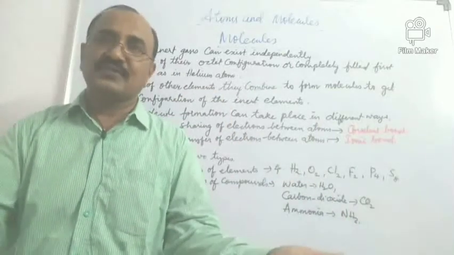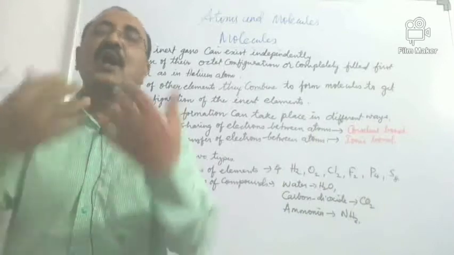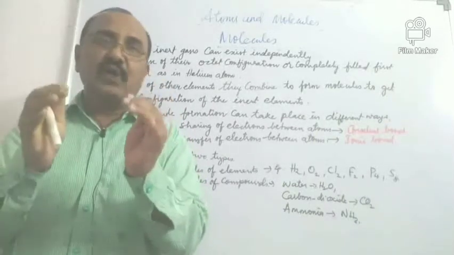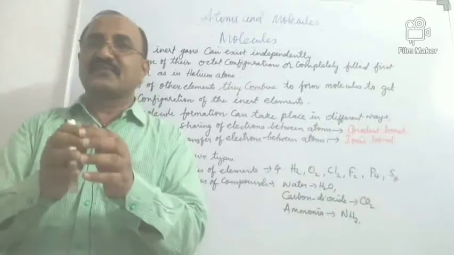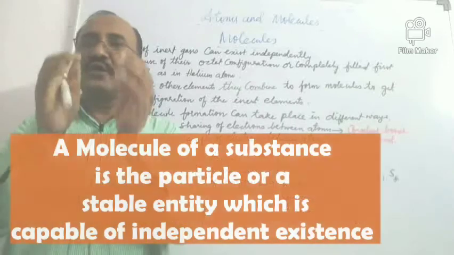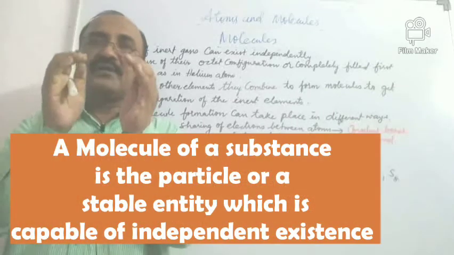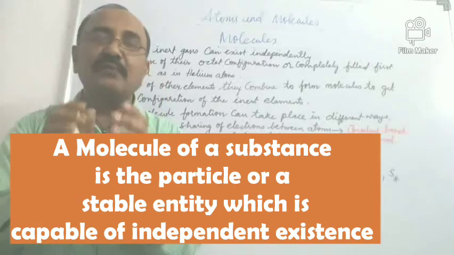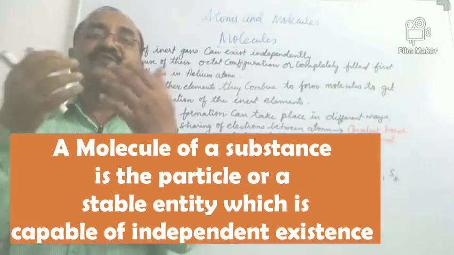They are quite stable in themselves, or quite satisfied in themselves. So children, these molecules can exist independently. Molecules can be defined as those particles in a compound or an element which have the ability to exist independently, or which are capable of independent existence.